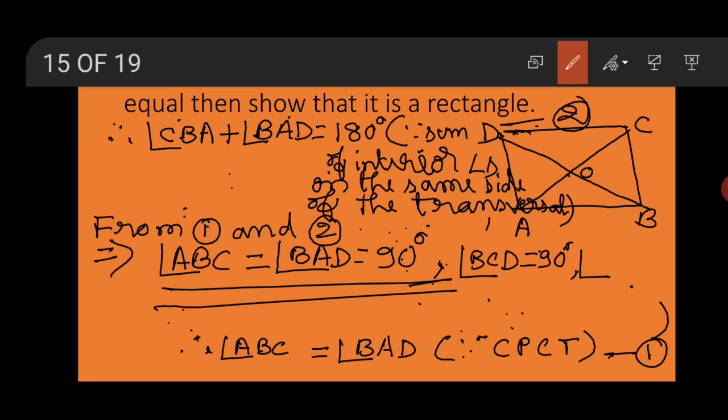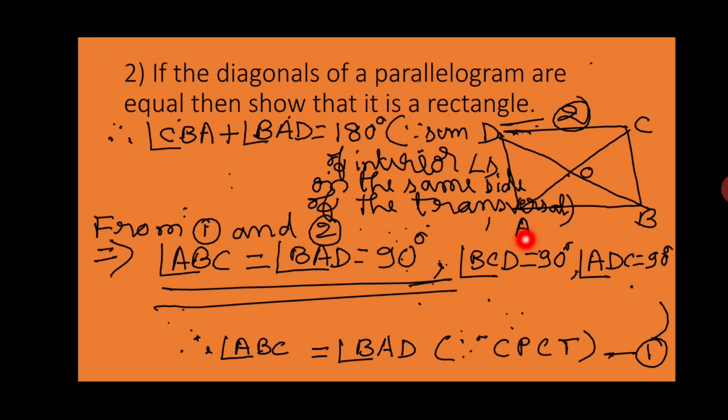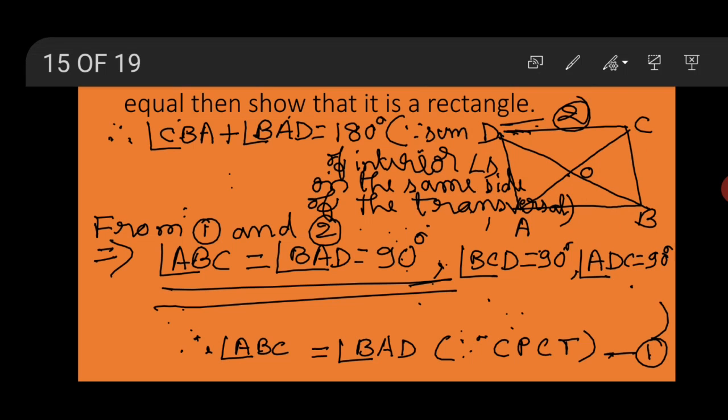Similarly angle ADC is also 90 degrees, because opposite angles are equal. Therefore in parallelogram ABCD, all angles are equal and measure 90 degrees. Therefore ABCD is a rectangle.